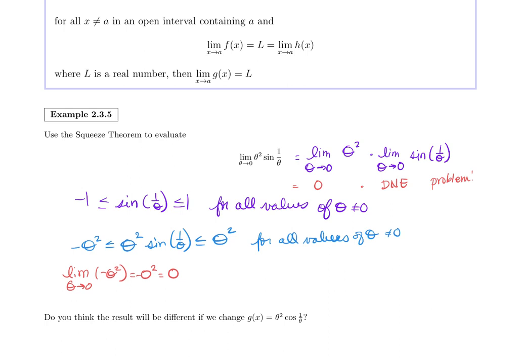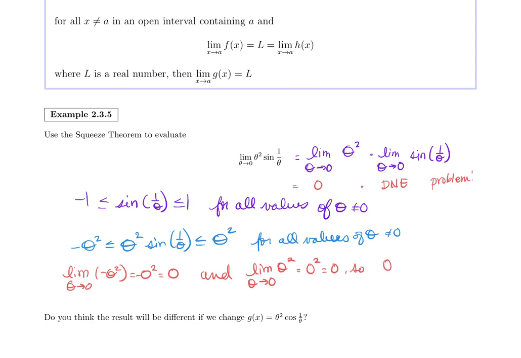If we look at our right-hand side, the limit as theta goes to 0 of just plain old theta squared is going to be 0 squared. Again, another polynomial, so it's 0. What that means then is that our limit for theta squared sine of 1 over theta has to be between 0 and 0.